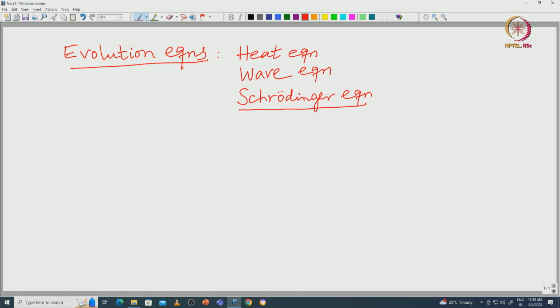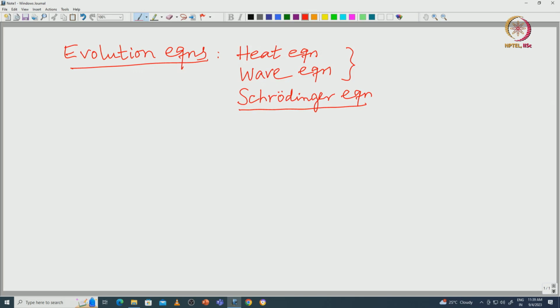It is indeed possible, especially for the first two equations, heat equation and wave equation, to formulate these equations as a weak formulation, like you have seen in the case of elliptic equations, and do a parallel study as you did for the elliptic equation.